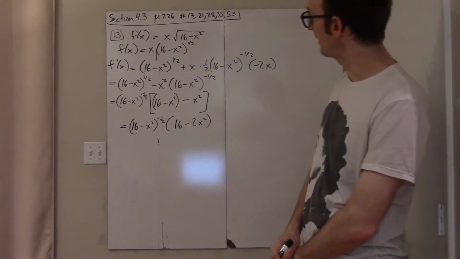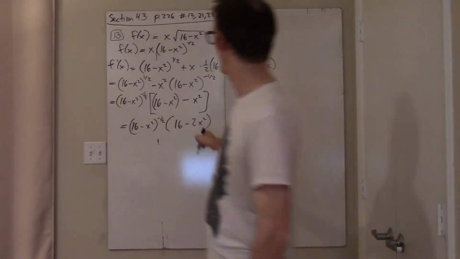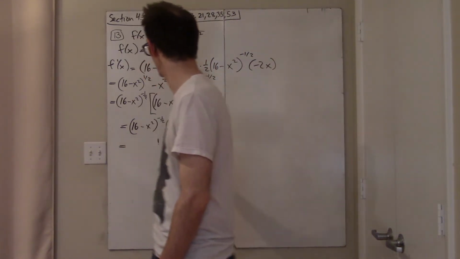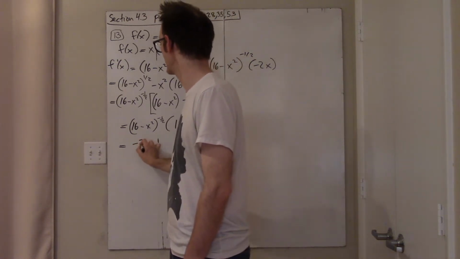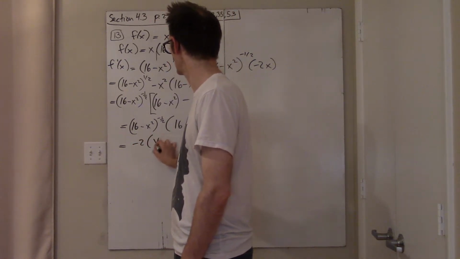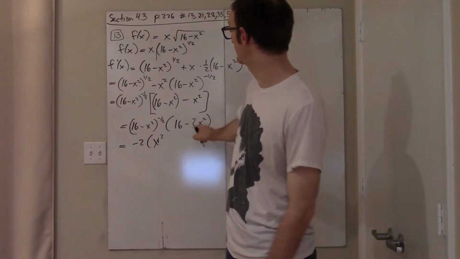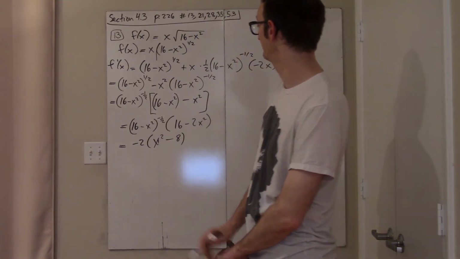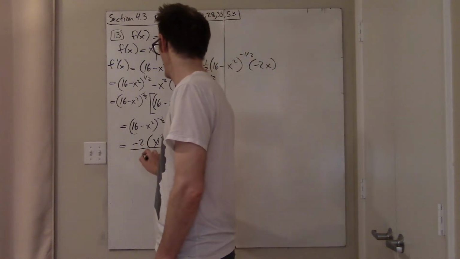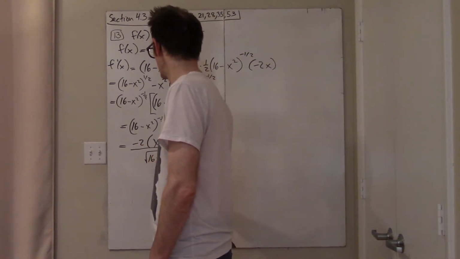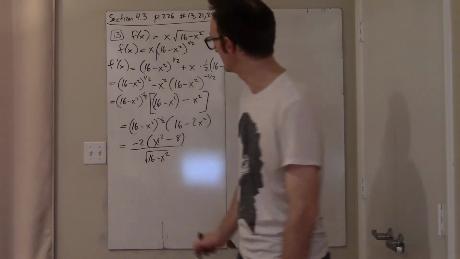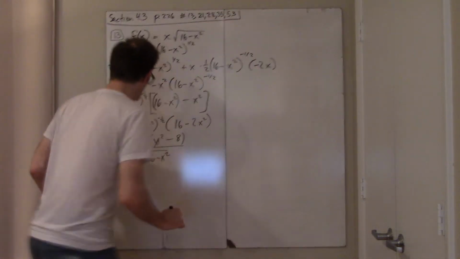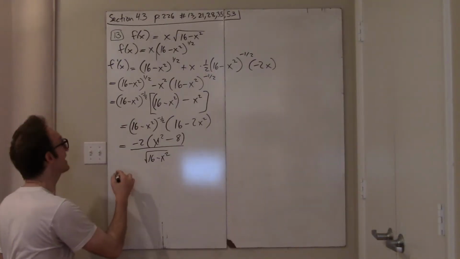And still I'm not really done, because I think the smooth thing to do here is to factor out a negative 2, which would make this negative 2 times x squared minus 8, if I did that correctly, all over root 16 minus x squared. Now I'm putting it down in the bottom, and one more time I shall rewrite this.